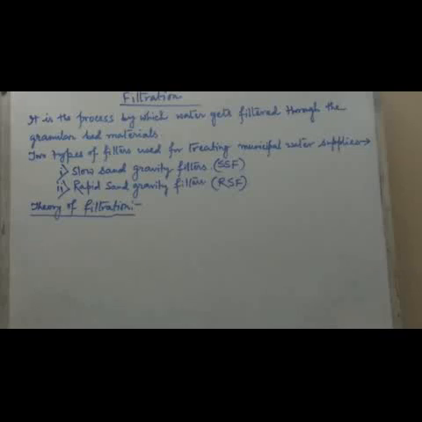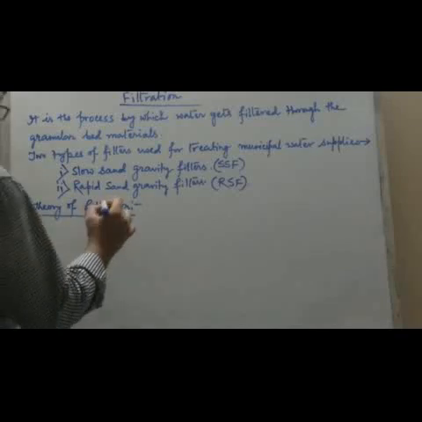By mechanical straining, the suspended particles present in the water, which are bigger than the voids in the sand layers of the filter, cannot pass through these voids and get arrested in them. So this is called mechanical straining.